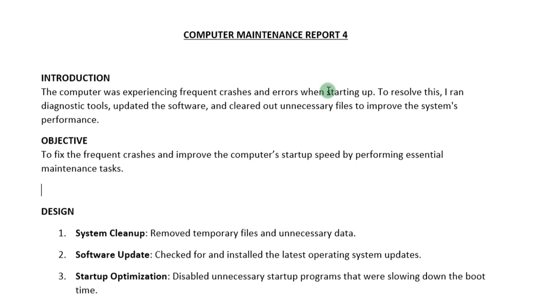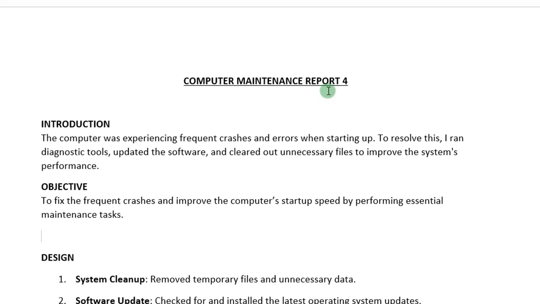Here I've just taken a small scenario where you're having a computer, and maybe when you're trying to start up your computer, it's very slow. Or let us say you want to start your computer and it has crashed, meaning that the operating system is not coming up. So what are the possible causes of those types of problems, and how can we solve them? This is exactly the aim of this tutorial.